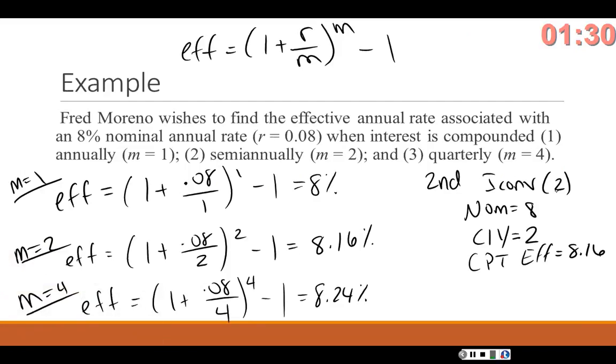For semiannual, you push second I conversion, which is the number 2 button, enter in nominal equals 8, enter, and the up arrow. Compounding periods per year, you would put number 2, enter, up arrow, and compute. And that would tell you the effective rate is 8.16.